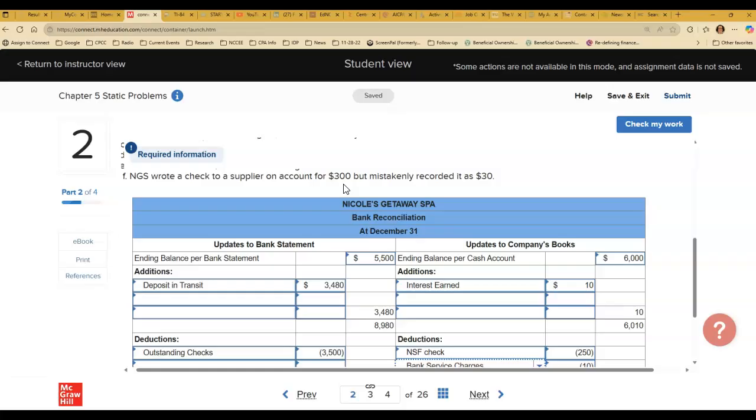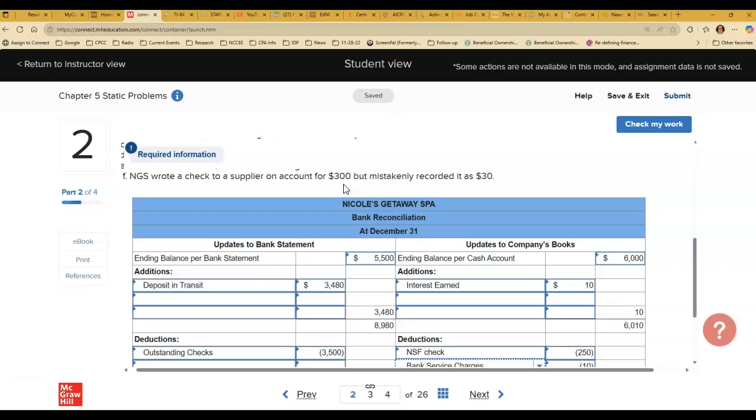You with me? What's wrong with our balance? Keep talking. What do you mean we're missing $270? Our accounting system is $270 too high from what it should be. There we go. So the check, we should have reduced the account balance by $300.